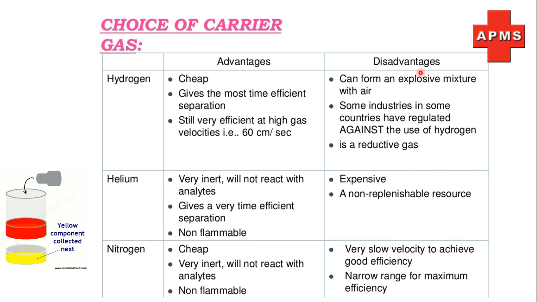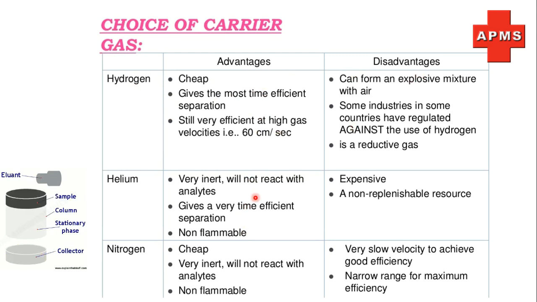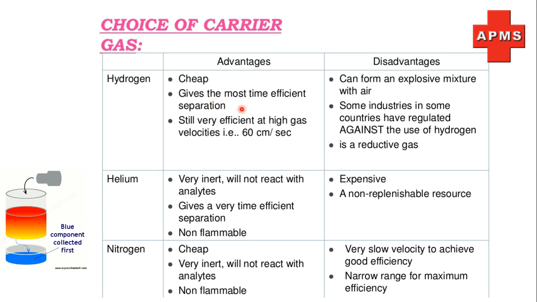Advantages and disadvantages are tabulated here. First, hydrogen is a cheap, low cost gas, and gives the most time efficient separation. Time efficient separation means it takes less time for analysis.